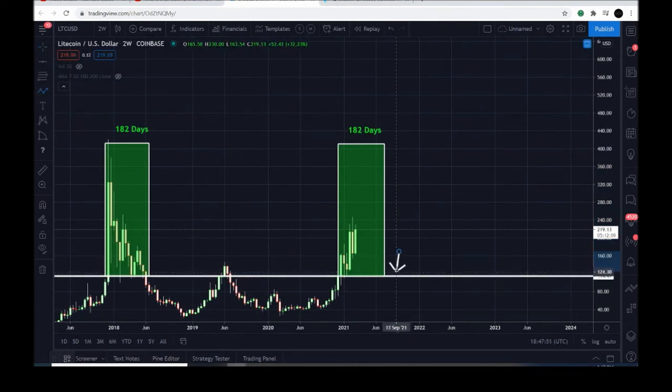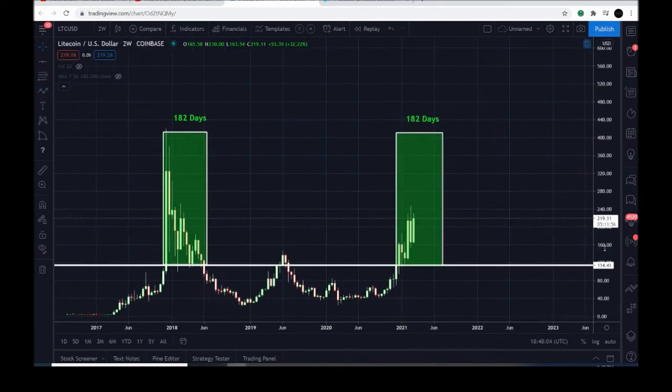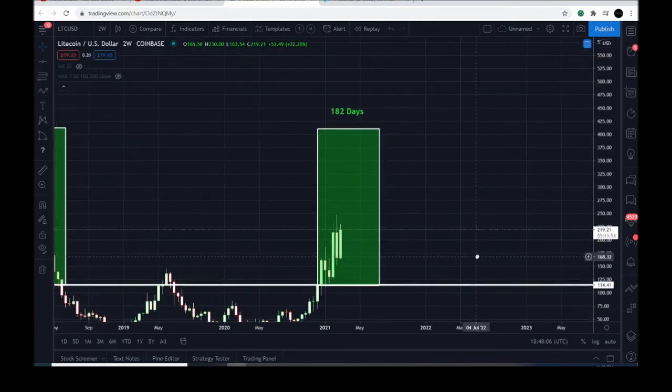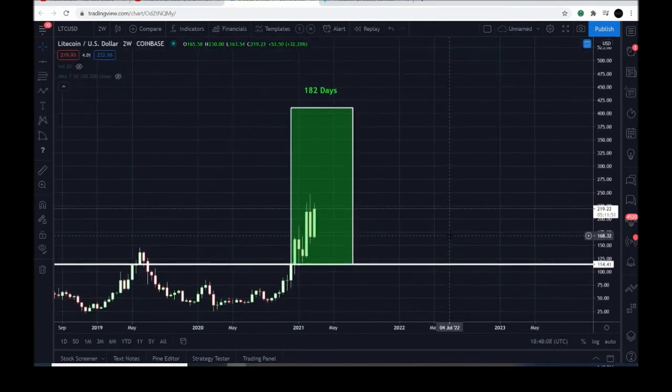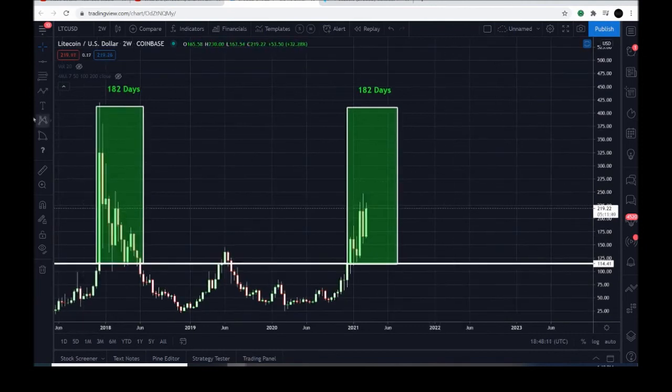I know it's well above that level, but the only thing I do is point out the macroscopic levels of significance in terms of what I can see on the chart. I see this steady climbing up as long as the trajectory continues to the upside. Again, June the 22nd, 2021 represents this range of 182 days.